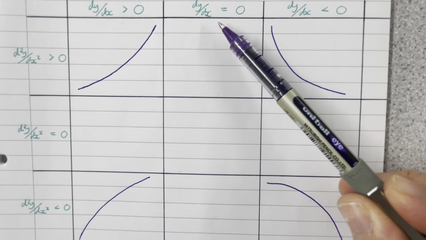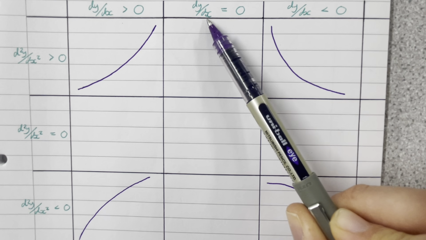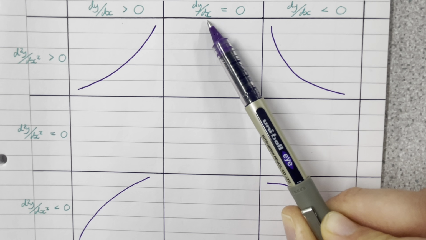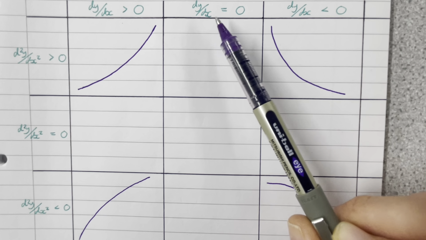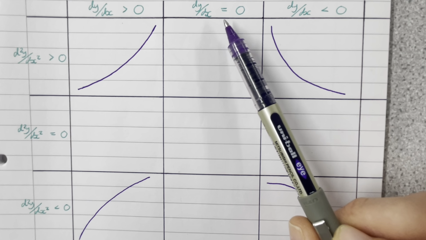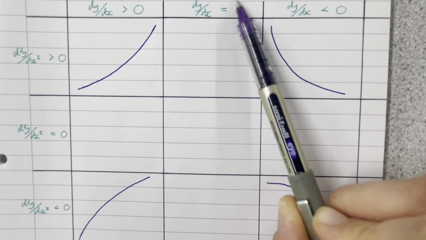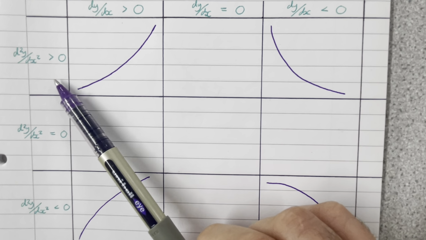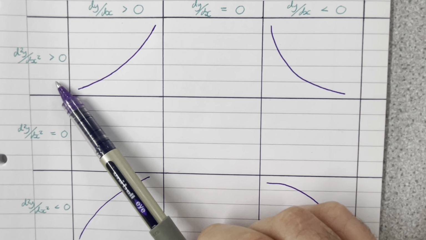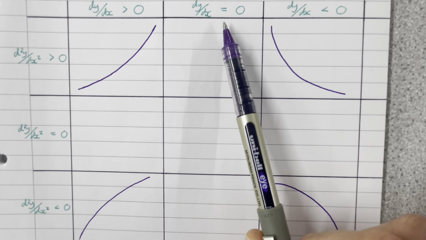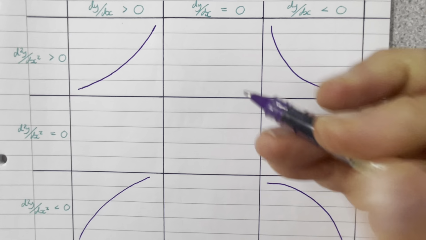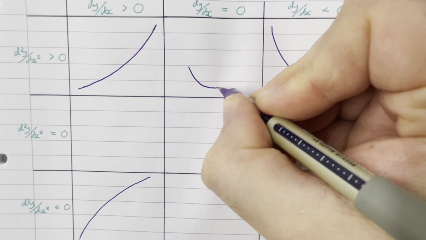Now, down here, we know that when the derivative is 0, we have a stationary point. But we use the second derivative to decide if it's a minimum or a maximum. So we've got a stationary point, so we're just looking at a single point now on the curve, but the gradient is increasing. So if the gradient is increasing at the point when the gradient is 0, it has to have gone from a negative gradient to a positive gradient.